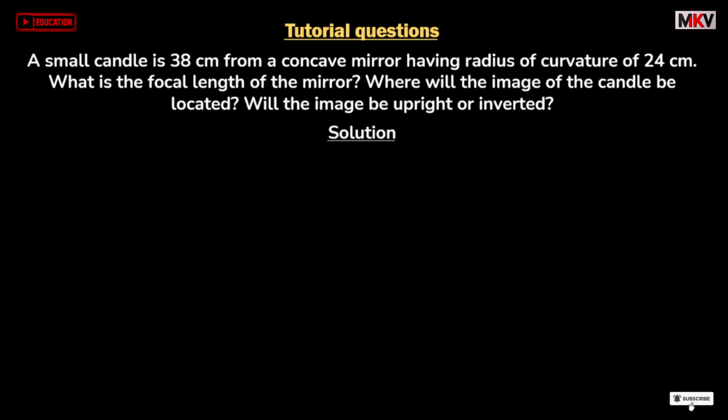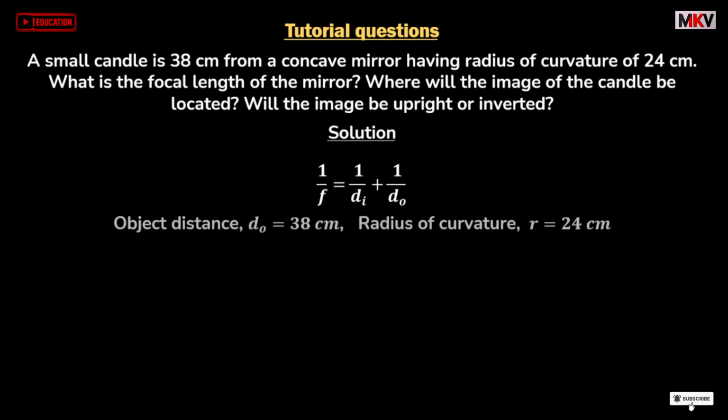So into our solution, we first state the lens equation, which is 1 over f is equal to 1 over di plus 1 over d naught. So we state the quantities given in the question, which is object distance, which equals 38 centimeters, and radius of curvature, which is 24 centimeters. Now the question is asking of the focal length of the mirror.